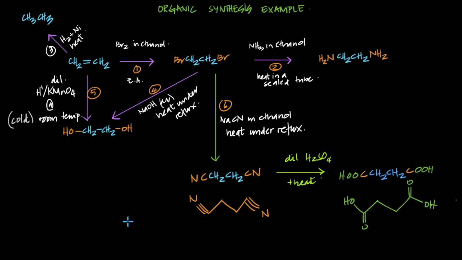Reaction number 1 was electrophilic addition. Reaction number 2 is nucleophilic substitution. Reaction number 3 is reduction of an alkene to become an alkane. Reaction number 4 is also nucleophilic substitution. Reaction number 5 is oxidation. Reaction number 6 is nucleophilic substitution. And reaction number 7 is hydrolysis.